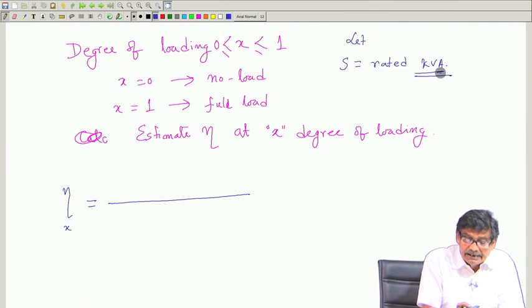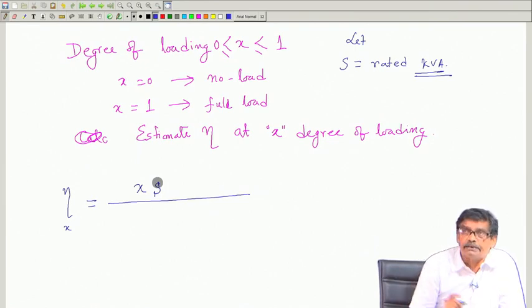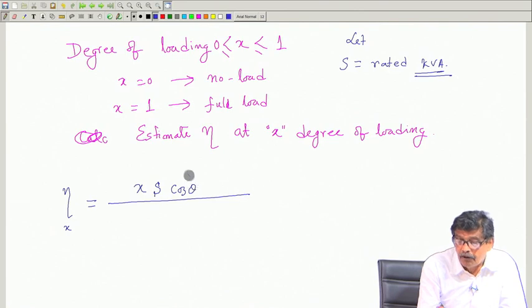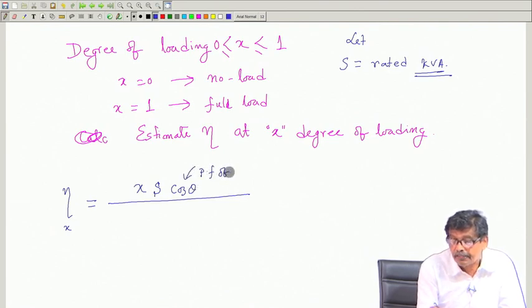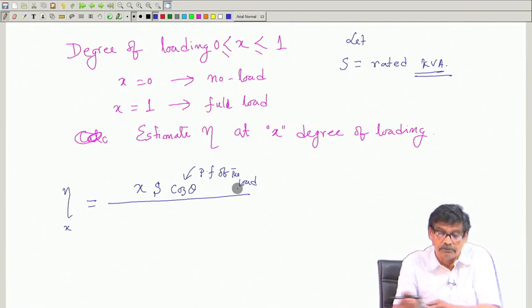Then when the degree of loading is x, the output will be x into S. X equal to 1 means it is supplying rated kVA, into cos theta, the power factor of the load, because in the definition of efficiency I have to calculate the kilowatt supplied to the load.